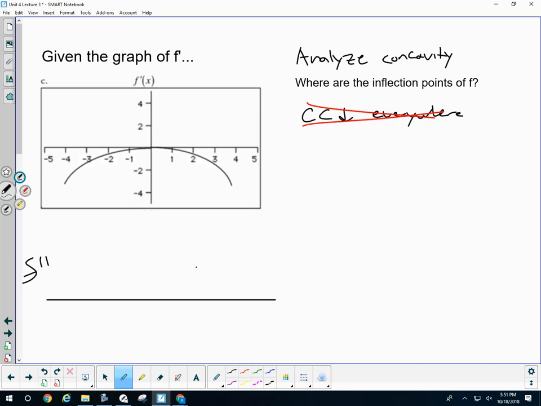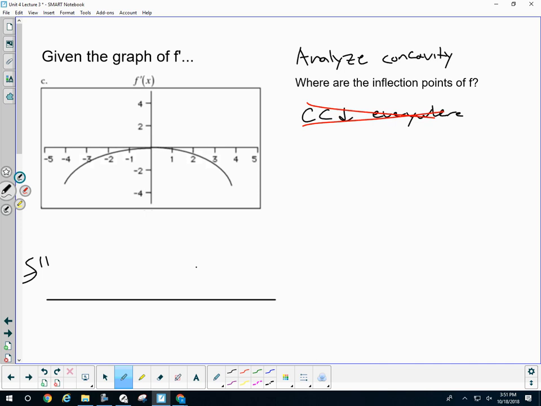Okay, let's think about this if we didn't talk about the S word, because the S word is the important one. What's the relationship between f double prime and f prime? The derivative. So the derivative of f prime gives us the values of f double prime. What's another word for derivative?